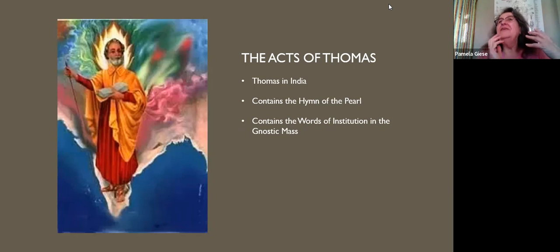The Acts of Thomas starts there, of course, with the disciples having drawn who is going where. Thomas draws a short straw where he's supposed to go to India. And Thomas does not want to go to India. So at one point, Thomas is at a harbor, and he knows he should get on the boat to go to India, but he really doesn't want to.